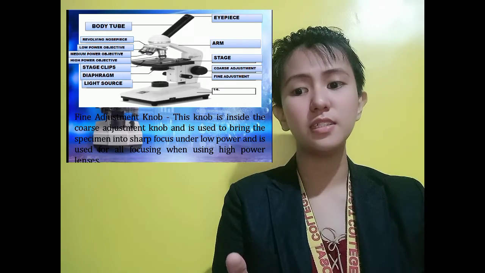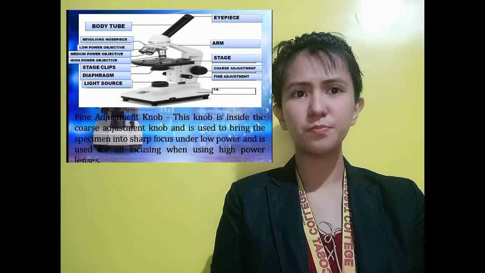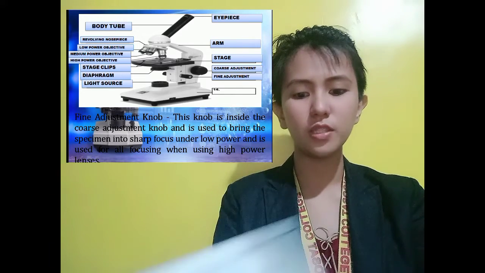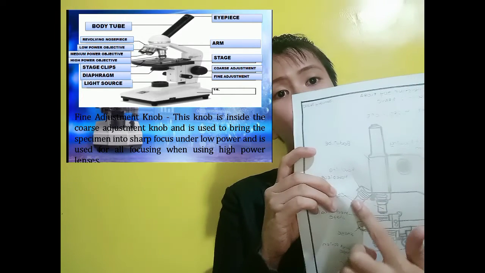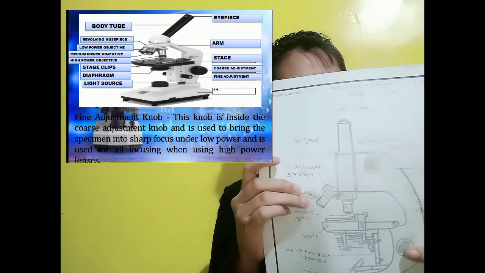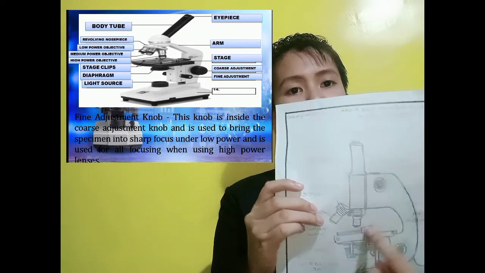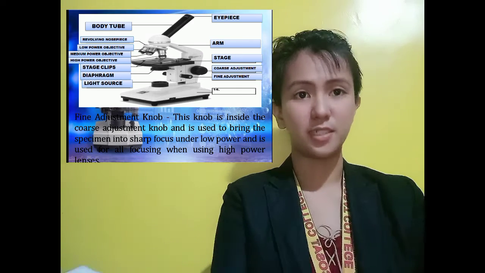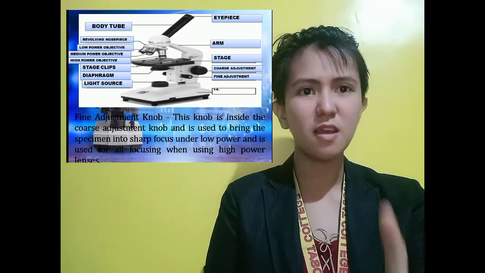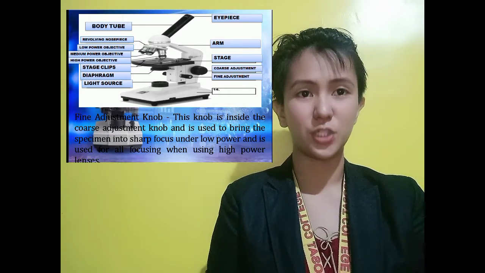Kapag focusing mechanism, siya yung pinaka-high, yung medium power adjustment. Pag i-focus mo siya gamit ng fine focusing, yung fine adjustment is para gagamitin mo lang siya pag low power adjustment yung gagamitin mo. Makikita mo siya sa malayuan, yung ganon. So, yun yung ibig sabihin ng fine adjustment.